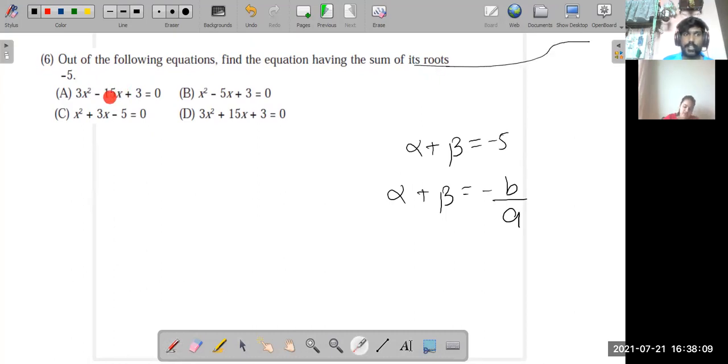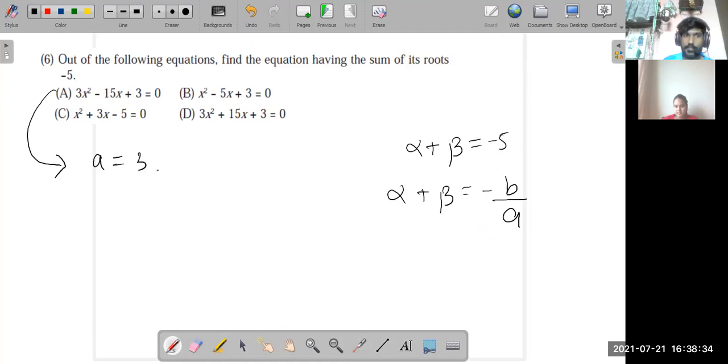Now, here in option A, what is B? B is minus 15 and A is 3. Note one thing, I want minus 5. Let's check.